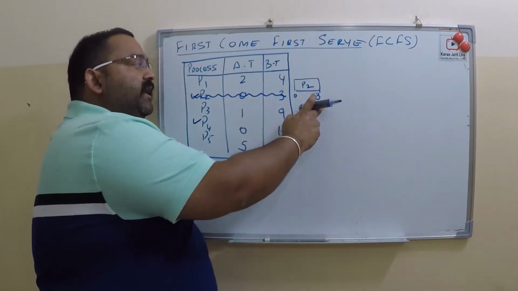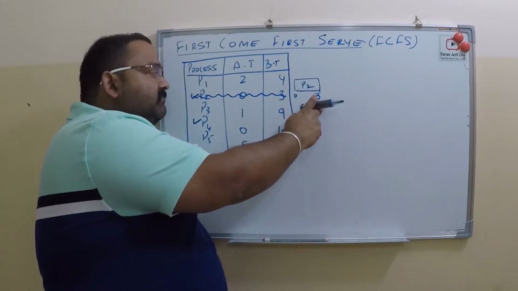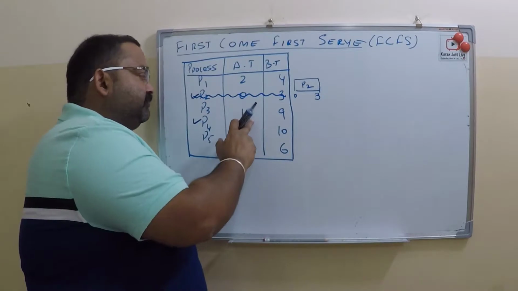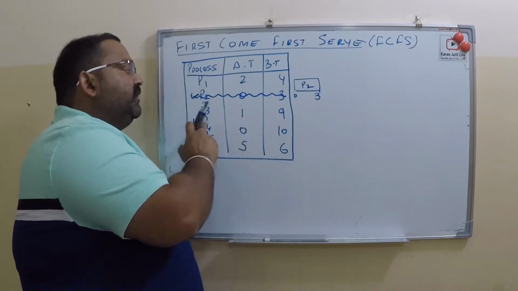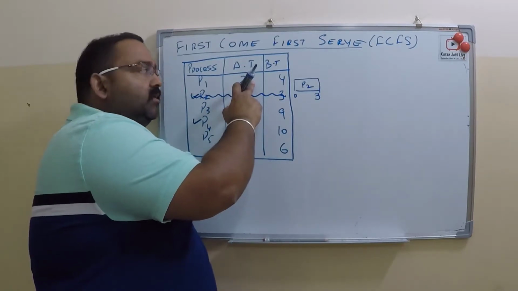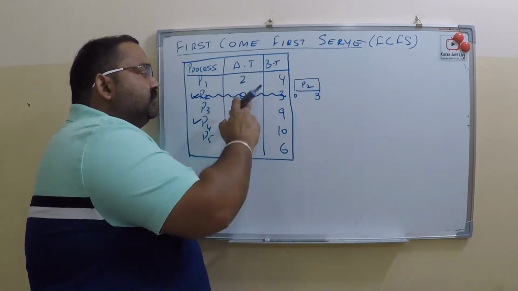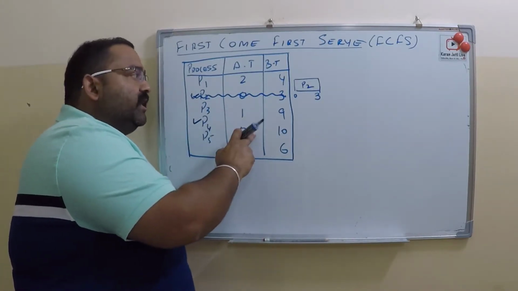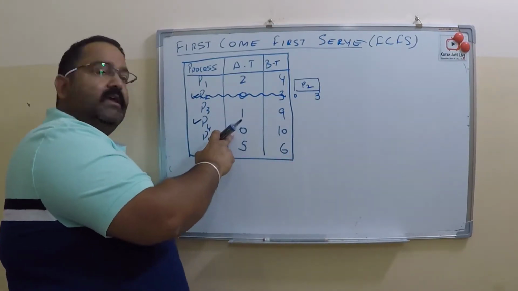At time 3, what are the processes which are already there? We have P4 at time 0, P3 at time 1, and P2 at time 2. Out of these 3, which came first? That is P4. So at time 3 it will pick P4.